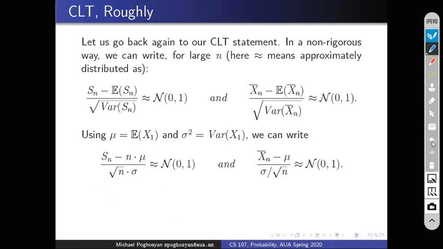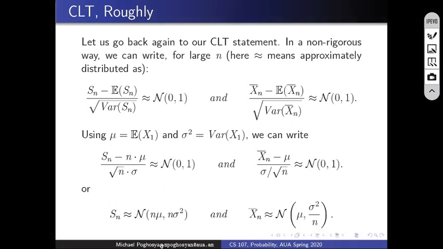I'm erasing this and showing what I have in the slides. If we do that kind of calculation, Sn is almost normal with n mu and n sigma squared, and Xn bar is almost normal with mu and sigma squared over n. This is the implication of our central limit theorem.